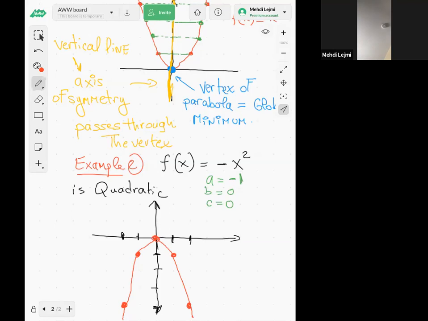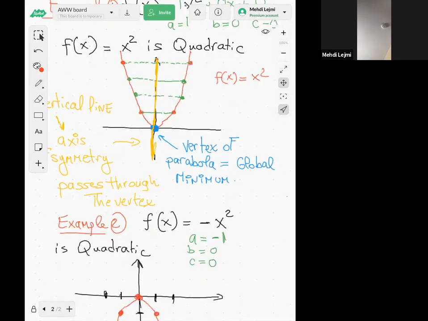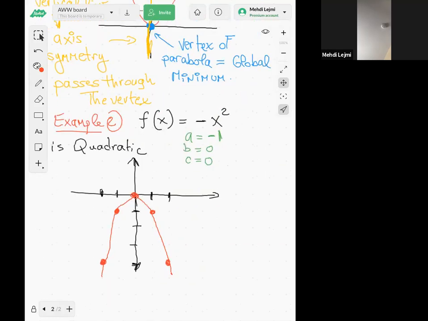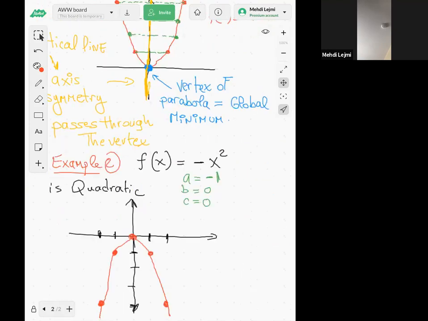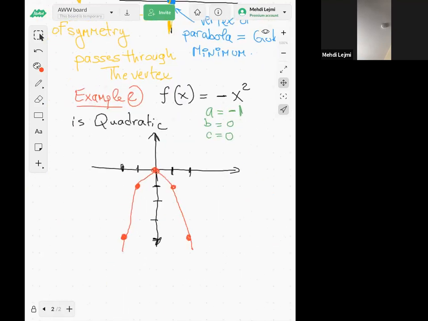But now you see, guys, the difference between this positive x squared and the negative x squared is that with the positive x squared, the parabola opens up. The negative x squared, the parabola opens down, right?